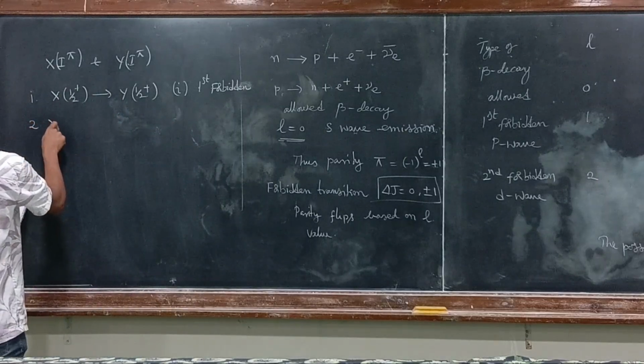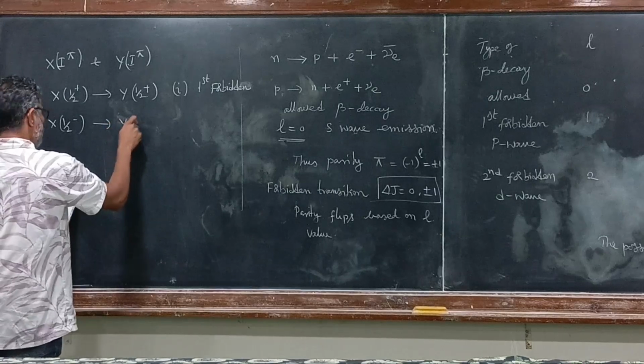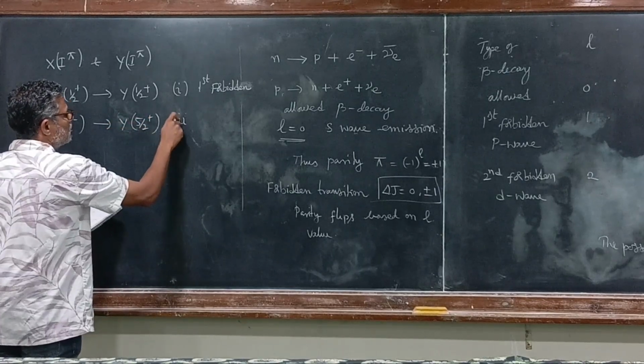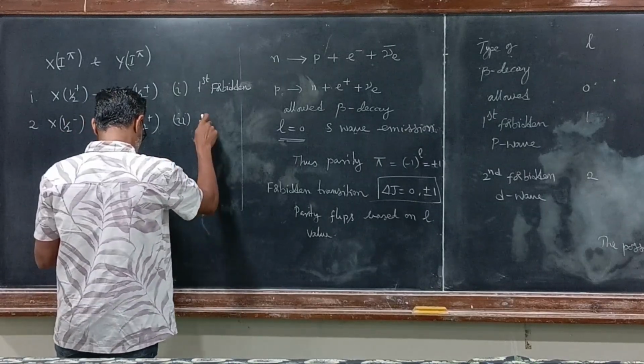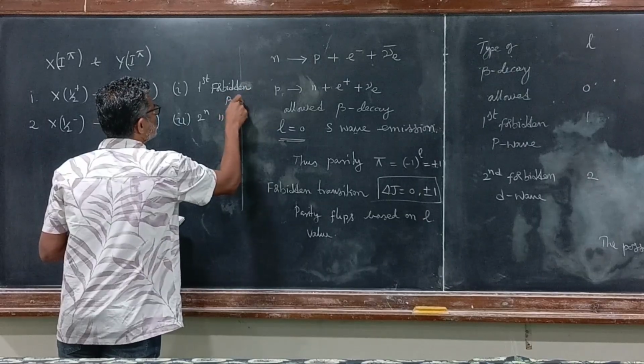Number 2, let's say X 1/2- goes to Y 5/2+. Number 2 is second forbidden, let's say beta decay.